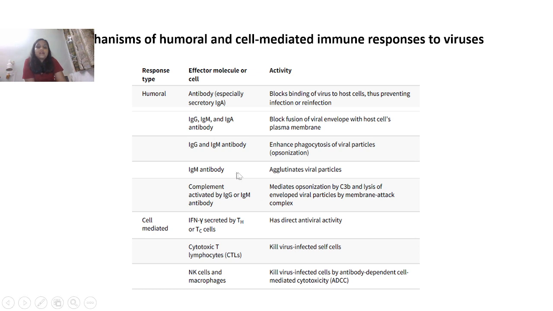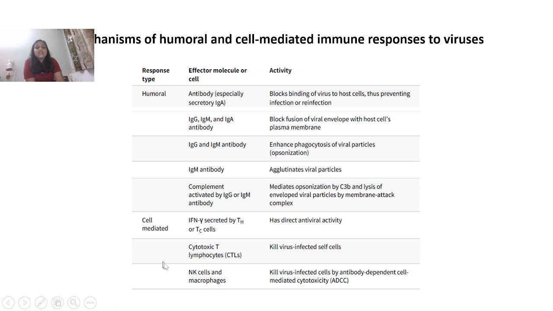There is complement activated by IgG, by the antibody pathway where complements are activated, and it also mediates opsonization of the virus and lysis of the enveloped viral particles by forming that MAC or the membrane attack complex. So these are the different functions played by the different antibodies, and how they remove the virus from our system.